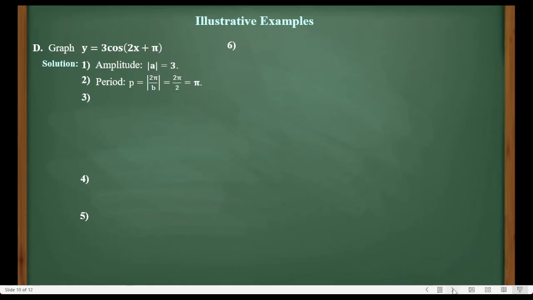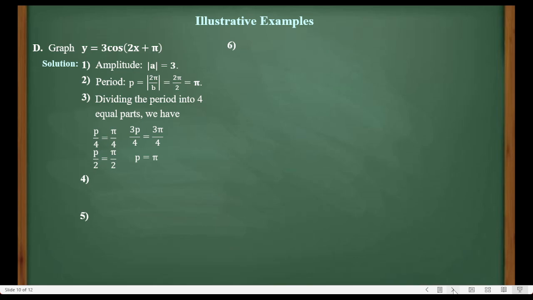Then from that value of period, we're going to divide that into 4 equal parts. So we go to step number 3. Now, p over 4 is pi over 4. The second part of the period is p over 2, or pi over 2. And then the third part, 3p over 4, or 3 pi over 4. And finally, p, which is equal to pi.